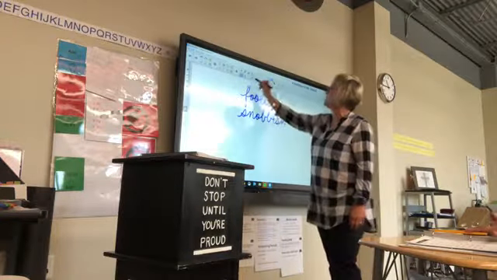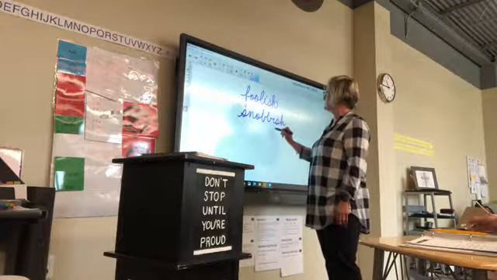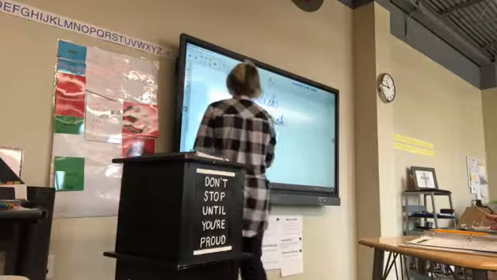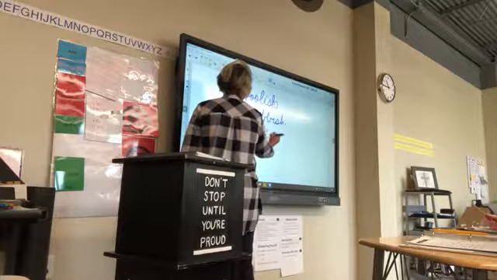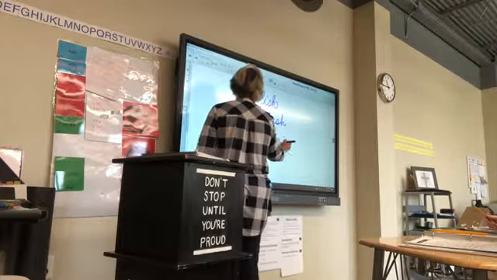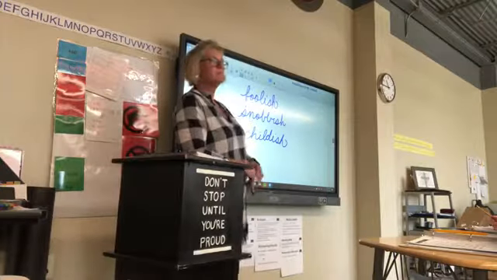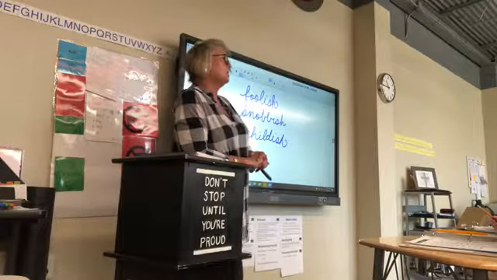I don't know why I keep making little marks. This has got static electricity or something. So what do you see alike in all these words? ISH. And it's always in what position?